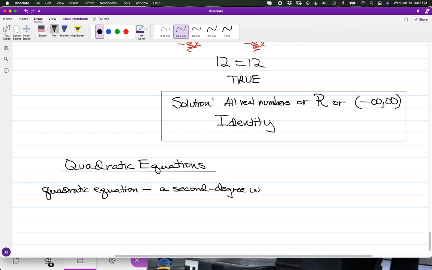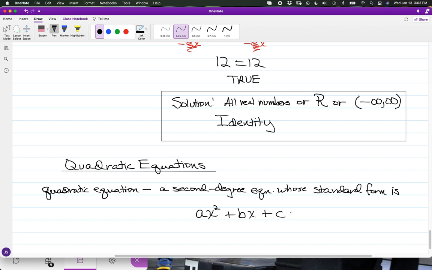whose standard form is ax squared plus bx plus c is equal to 0, whereupon a does not equal 0.